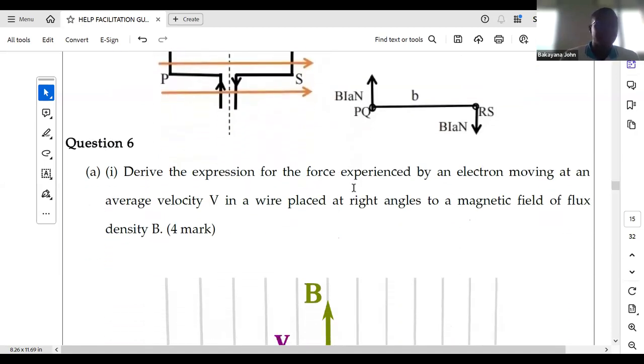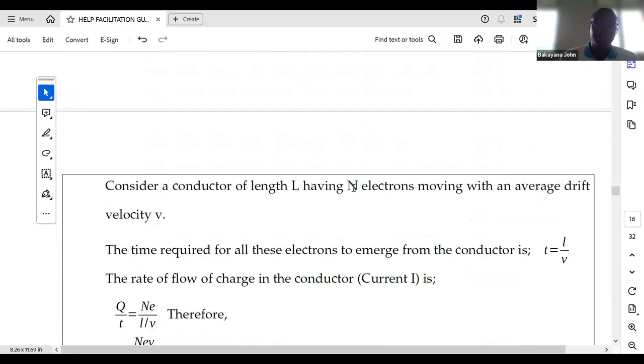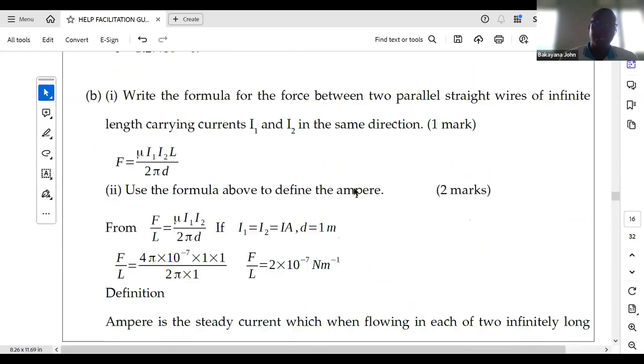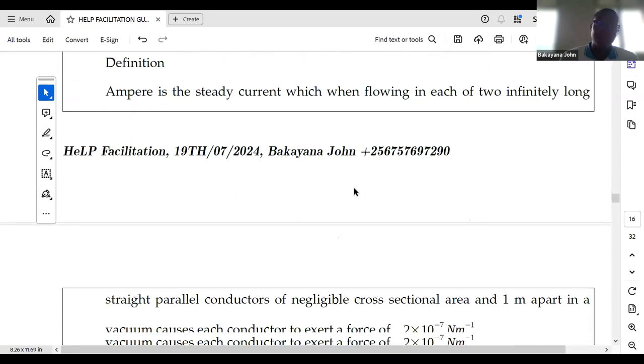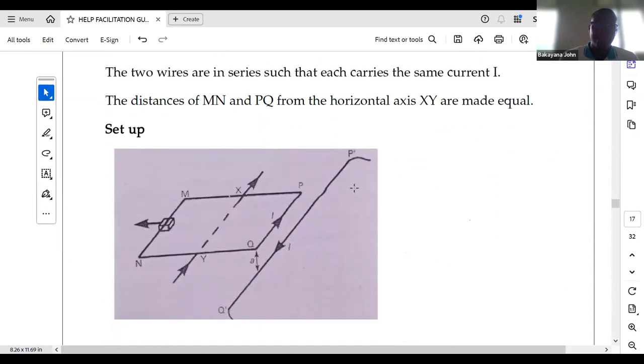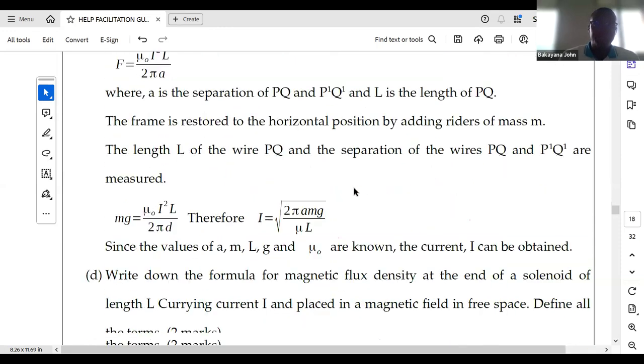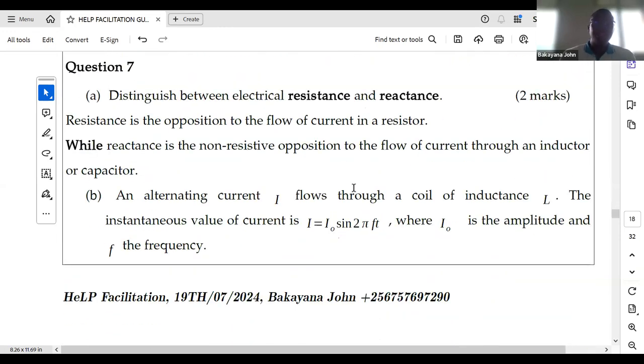Number 6 is magnetism. Let's go through AC circuits. Distinguish between electrical resistance and reactance. We don't have a lot of time, but we know resistance deals with a resistor.